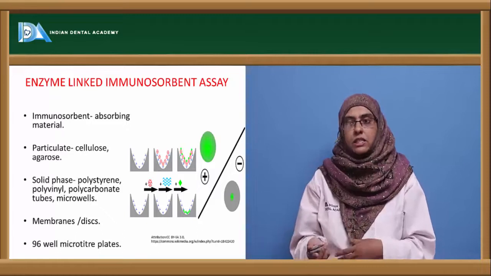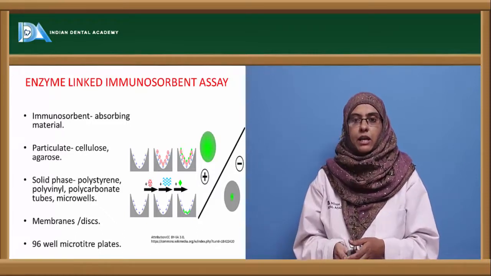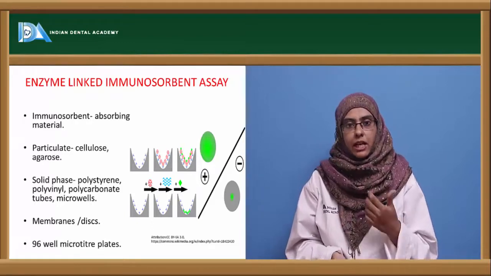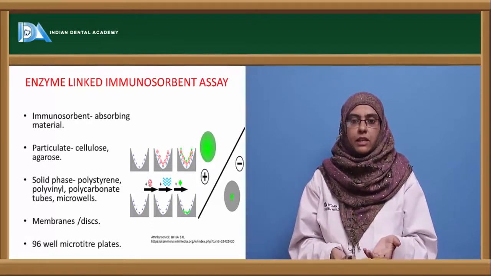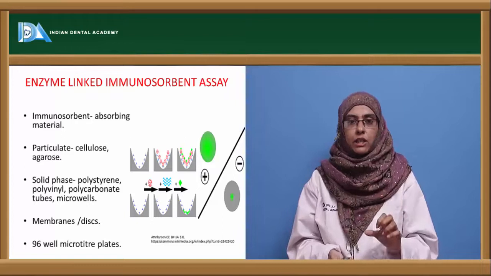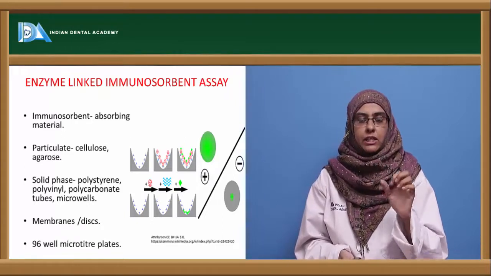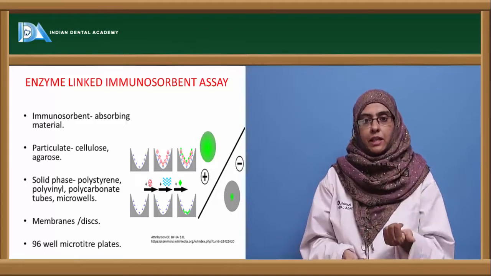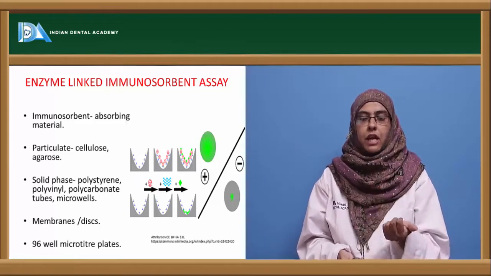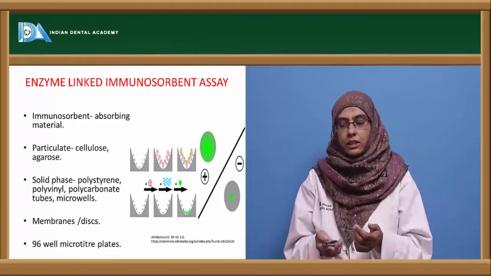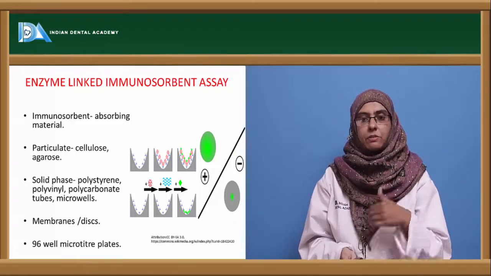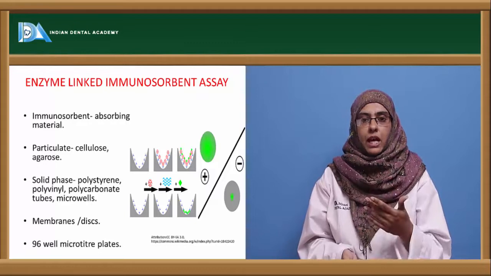So the variations of this enzyme immunosorbent assay is, you can carry out a direct immunoassay where only antigen antibody along with a conjugated enzyme labeled antibody is used with the substrate, and you can go for the sandwiched ELISA technique where the enzyme will be sandwiched between two types of antibodies.